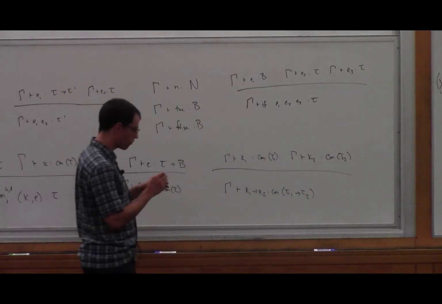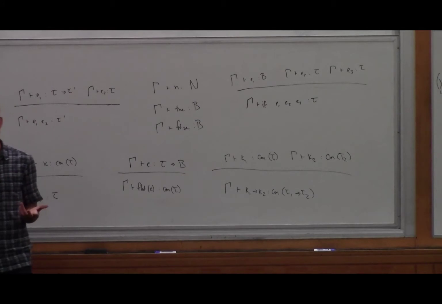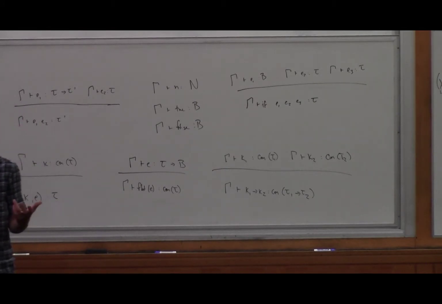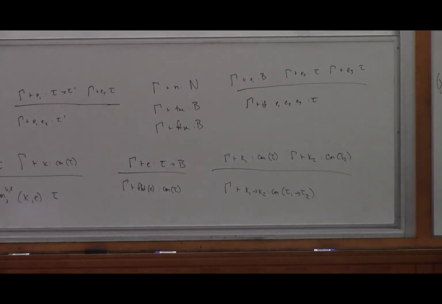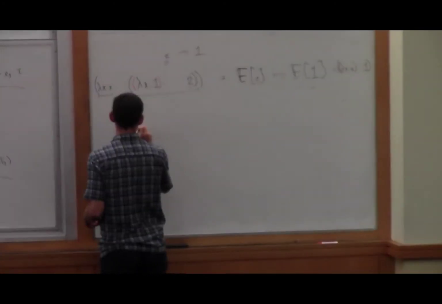There's our typing rule for function contracts, which allows us to compose two contracts. And then the most interesting typing rule for contracts is for dependent contracts, which looks a lot like the function contract rule.